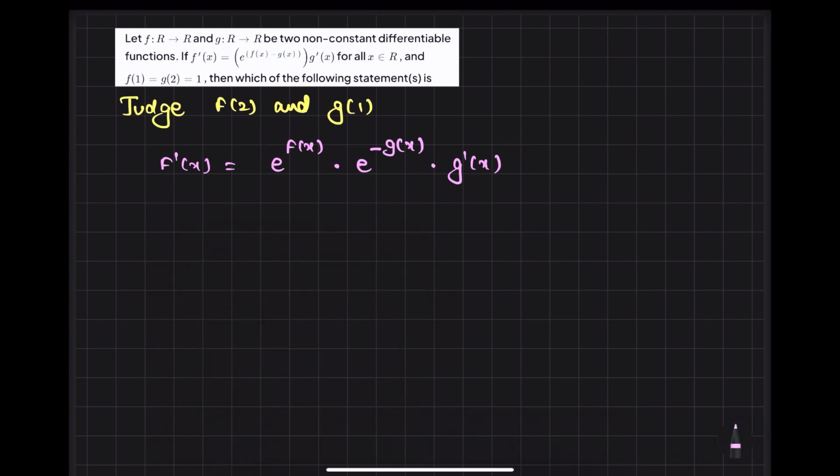So can I write e power minus of f of x f dash x equals e power minus g of x g dash x? Correct? Now look at this. We have a function, we have differentiation of that function. So we will integrate both sides with respect to x because we have function in x.